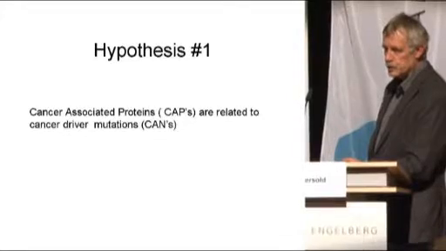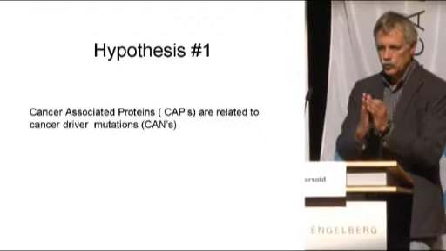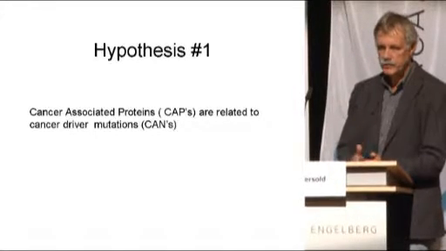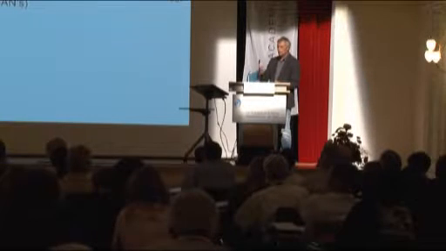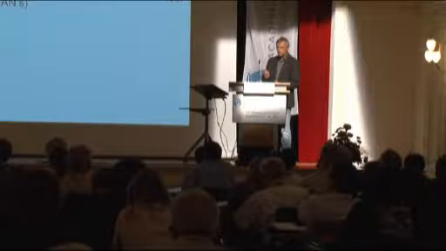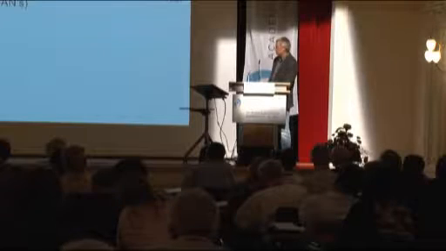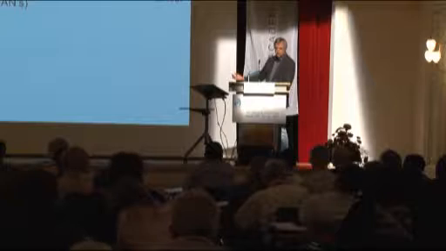So the first hypothesis I'm going to discuss and test is that cancer-associated proteins are related to cancer driver mutations. Here we try to make the link between the genomic variation that occurs when a tissue goes from a healthy status to a disease, particularly a cancer state, and we relate the genes mutated to proteins that have been found to be associated with cancer over decades of research.